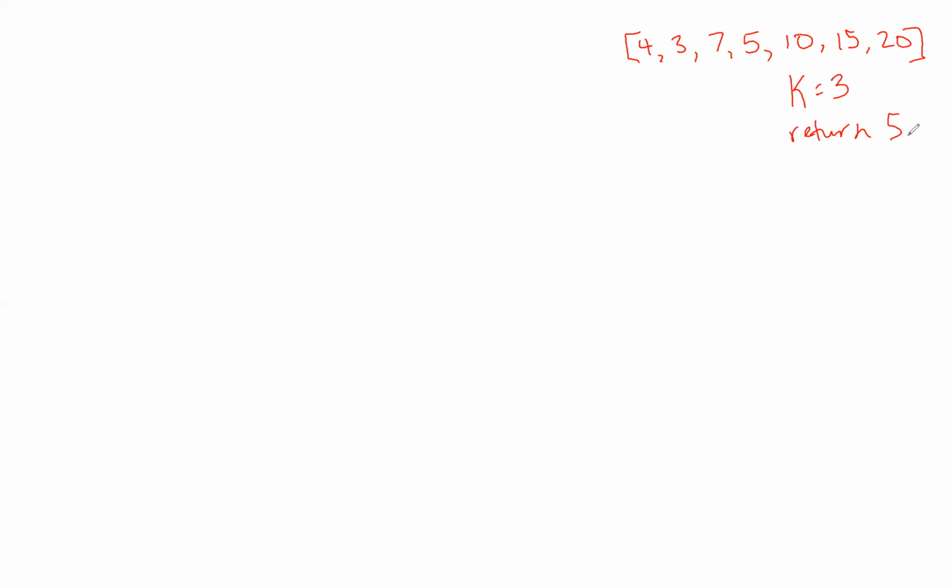So let's go ahead and code it. We'll be returning that element, and we need to pass in the array and we need to know k. First off, we want to put in some basic checks on our array.